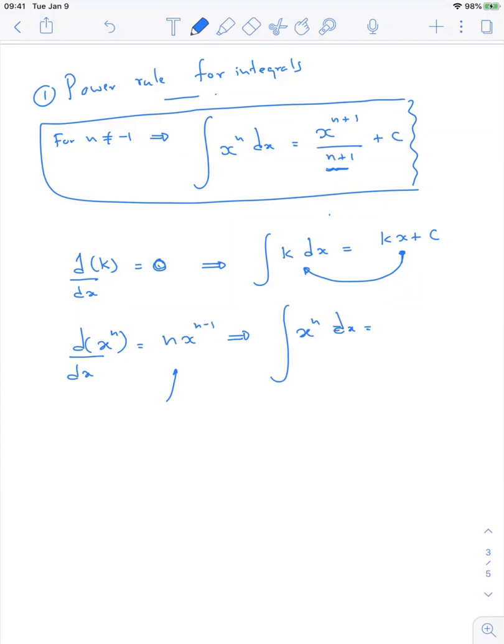What you did here is put n to the front and then subtract 1 from the n. So what I am doing here is adding 1 to the n, and instead of multiplying, I divide by n plus 1. So that's how I obtain it.